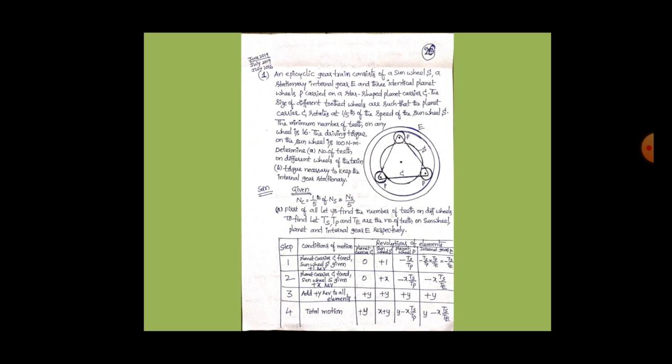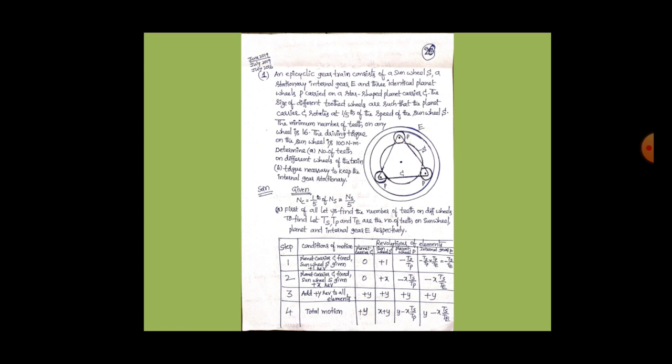Next, the planet wheel P rotating in clockwise, and it is in mesh with gear E internally. Therefore, in whatever direction the planet wheel rotates, in the same direction the wheel E starts rotating, meaning in the clockwise direction.